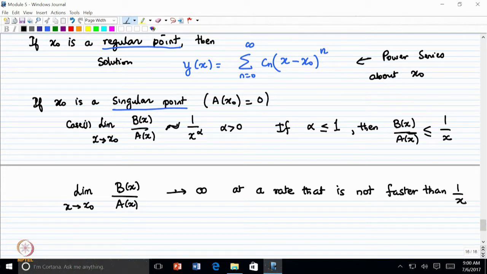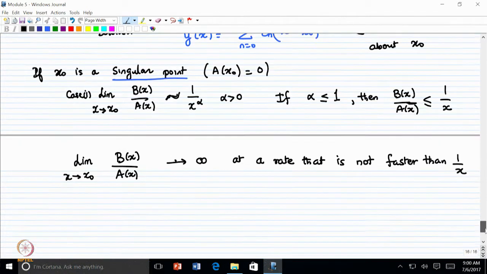That means this alpha is basically less than or equal to 1. So, that means it does not go to infinity. See, if alpha was equal to 2, then it would go to infinity faster than 1 by x. But if alpha is less than or equal to 1, then it goes to infinity, but at a rate that is not faster than 1 by x.